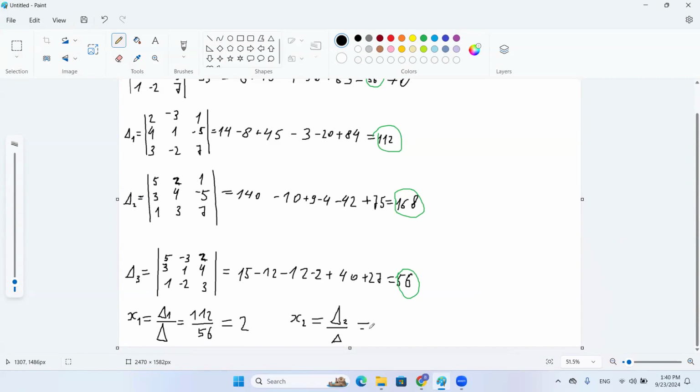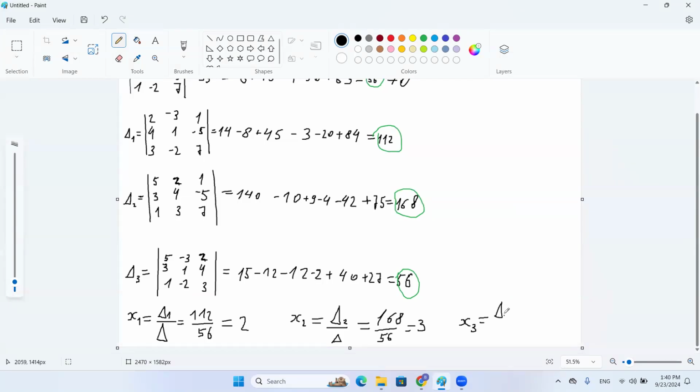So it will be 3 actually. So be attentive. Don't forget that we must divide by this general delta without any indices. Okay, and x3. It will be 1, so 56 divided by 56.